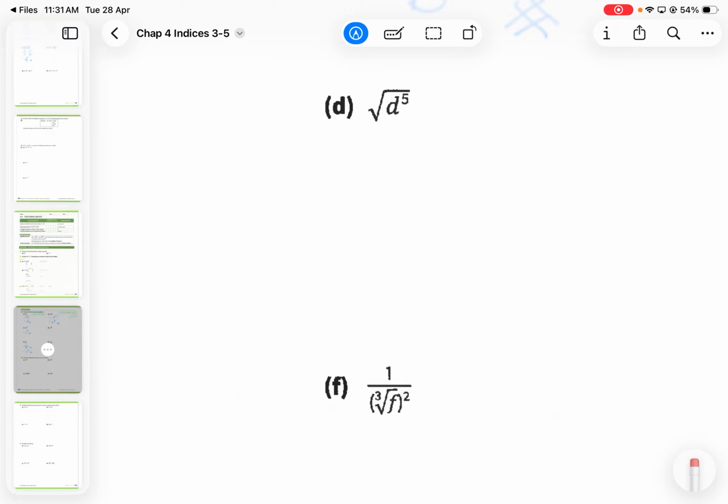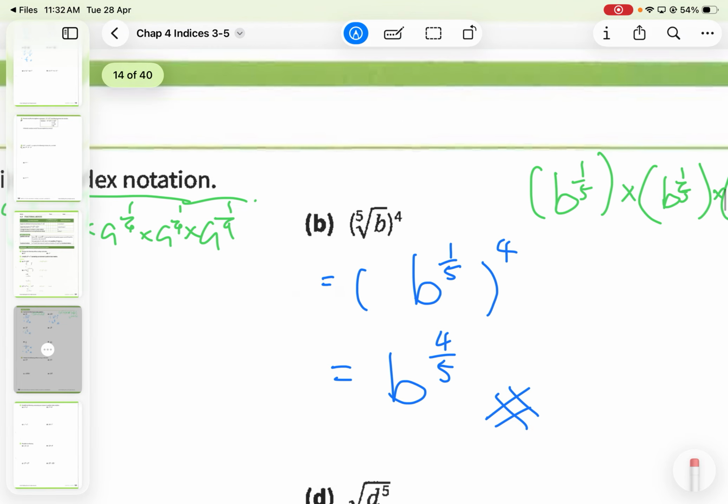Is this correct? No. By default, it's not 1. By default, is so like that. Same lor. I don't understand. It is the same as this one.